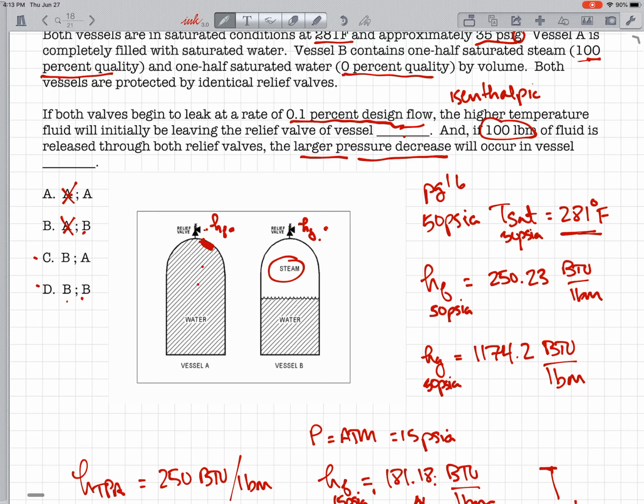And now, if 100 pounds mass of fluid is relieved through both relief valves, the larger pressure decrease will occur in vessel B. All right, can you just intuitively see it's going to be the steam? Because the water is going to lower in pressure and flash into steam. You're just going to get a bigger drop because you don't have to turn any of this steam into steam when you lower pressure.